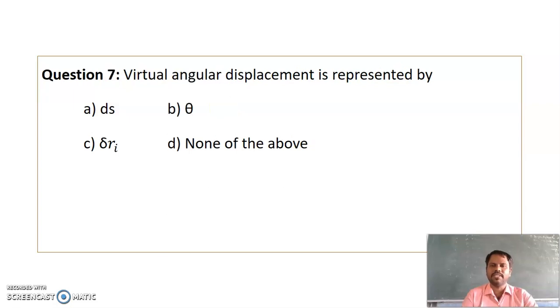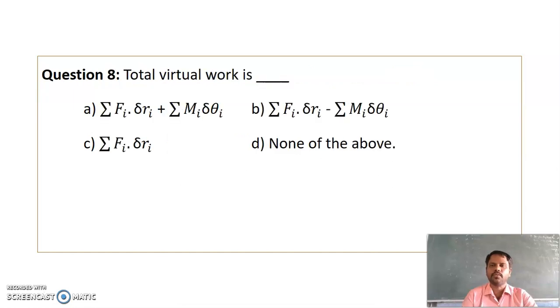Virtual angular displacement is represented by delta theta i. We don't have that here, so the answer is none of the above. The total virtual work is the sum of linear virtual work and angular virtual work. So the answer is option A.